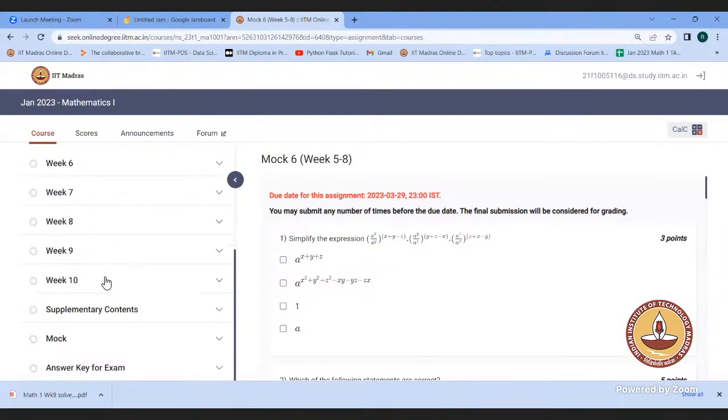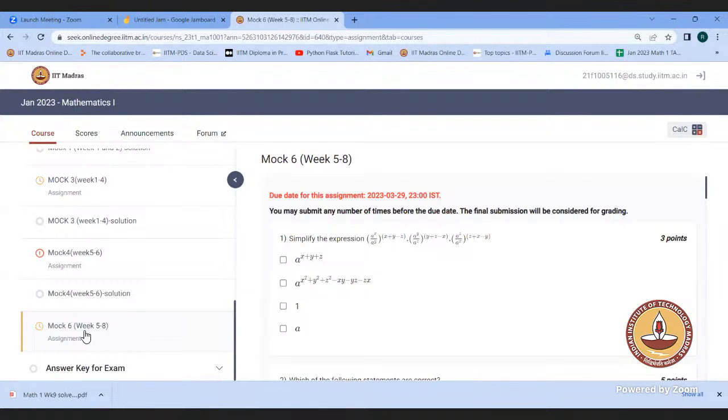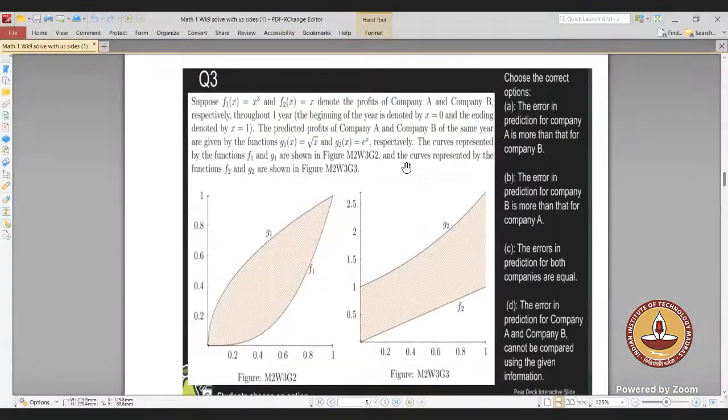Control Shift R. Yeah, after refreshing, it has come. Thank you.